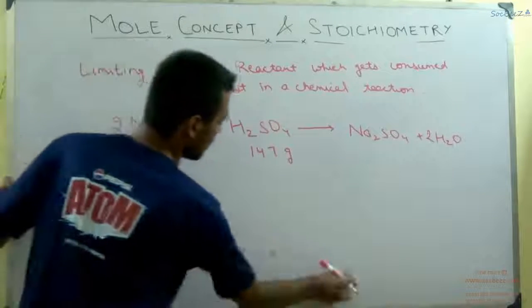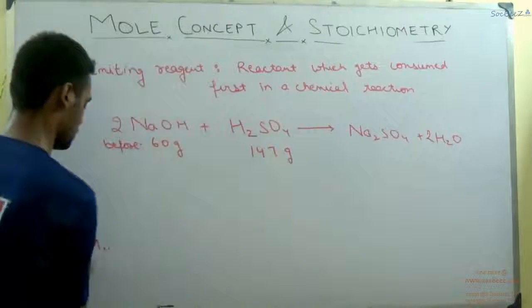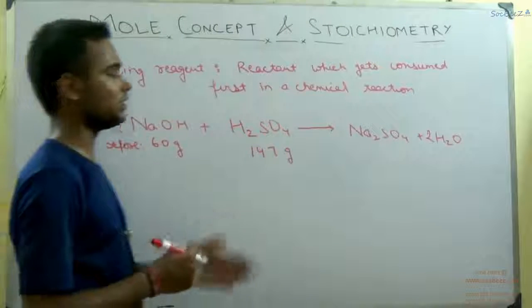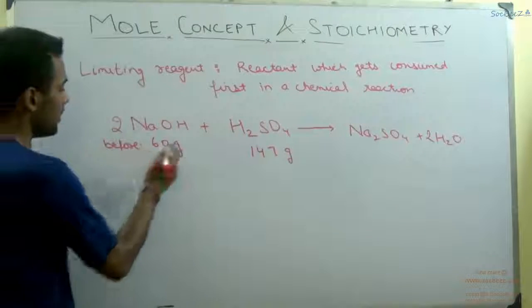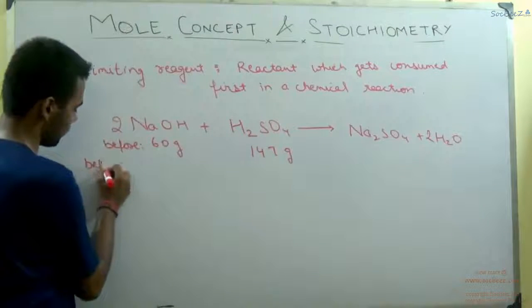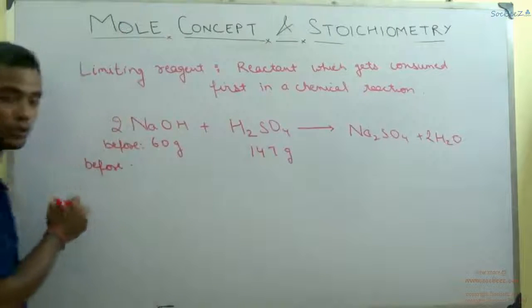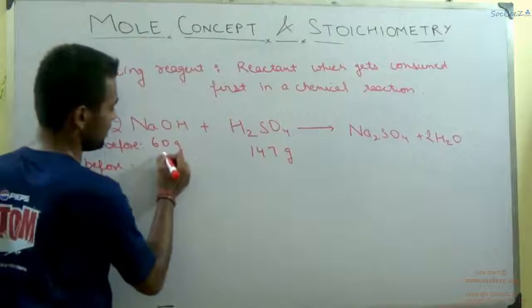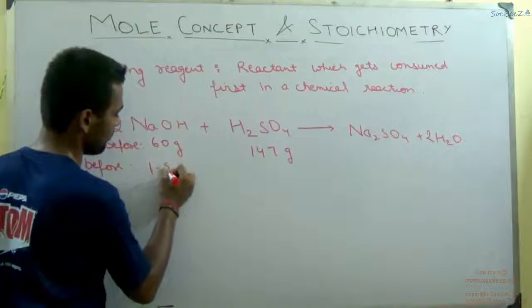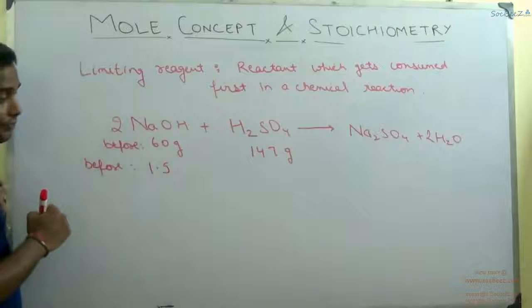The very first trick is to convert everything into moles. Whatever is given to you, just convert it into moles. So before the reaction, the number of moles of NaOH present will be 60 by 40, which is 1.5 moles.